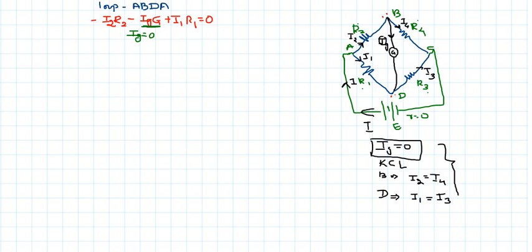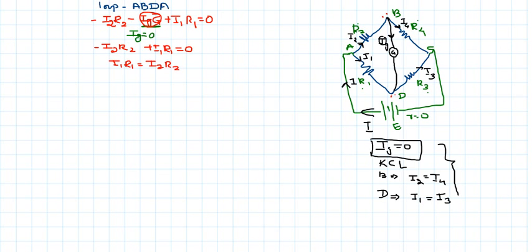Therefore, we will get the answer here: minus of I2 R2. This term will vanish off. I am left with only plus of I1 into R1 is equal to 0. On solving this, I1 R1 is equal to I2 R2.